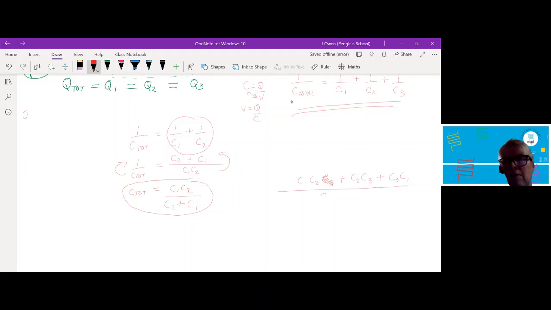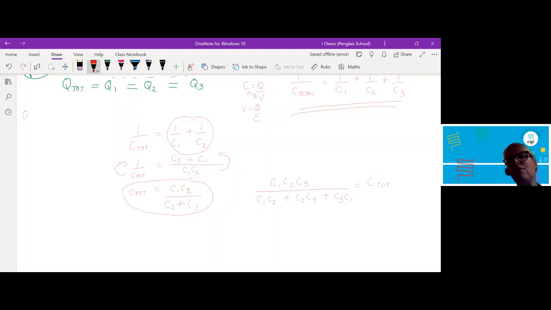Yes, I am right. I was right the first time round. So let's just cross that out, not to confuse you. It's like this: C1, C2, C3, the multiple over C1, C2 plus C2, C3 plus C3, C1. And that is actually for 3 capacitors.